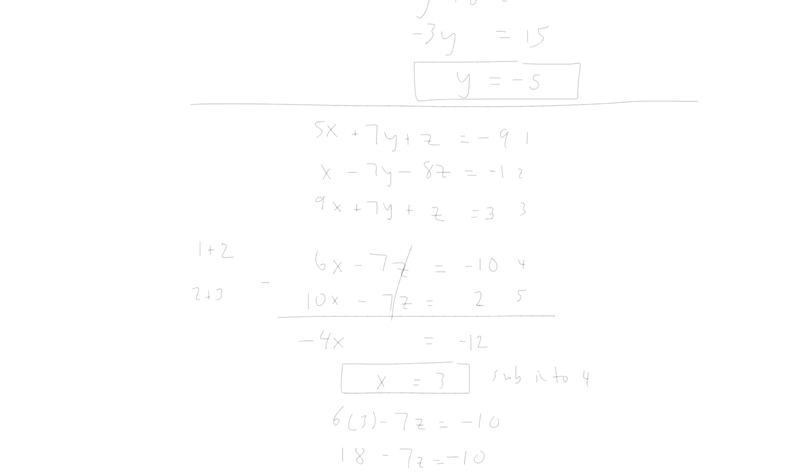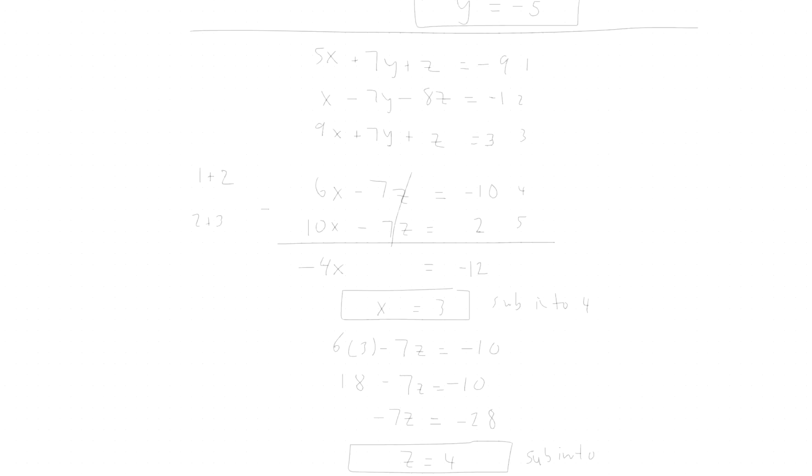Substitute that into, say, 2. So x we know is 3 minus 7 times y minus 8 times 4 equals -1.